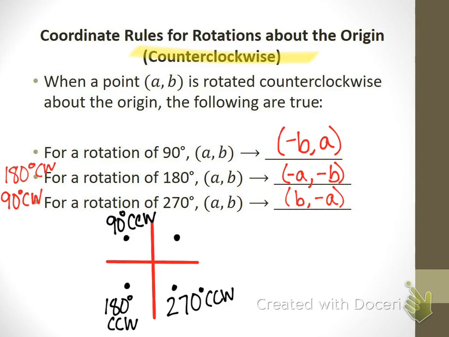And if I go 270 clockwise, it would be the same as the 90 degrees counterclockwise. Okay, so these are given as if they are counterclockwise, but we can have their corresponding clockwise notes written there. Do we have questions or concerns about that? How these rules could be used for either one?